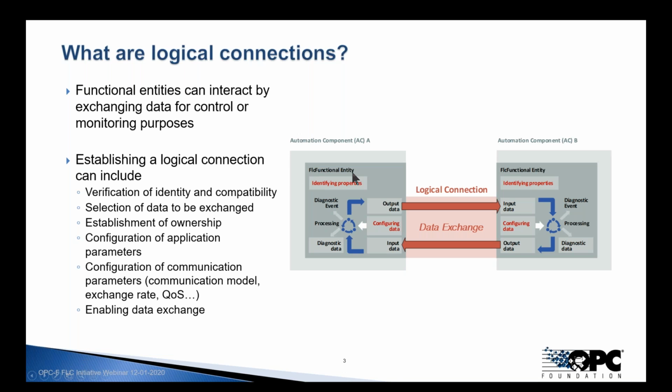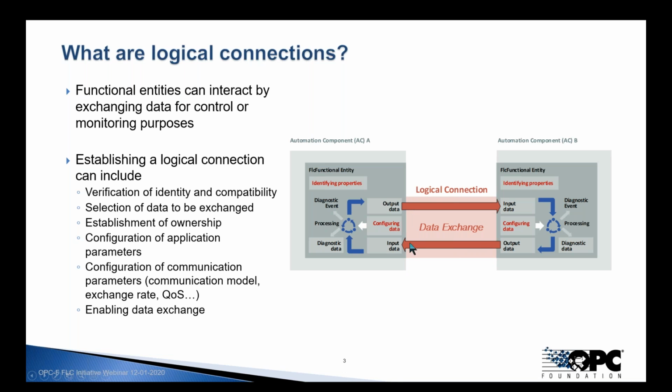He also introduced some methods around that functional entity which are provided. Functional entities like to get input data from somewhere, process it, and produce output data. How do we get input data from outside and how do we provide the output data to somebody else? That is done using a logical connection.